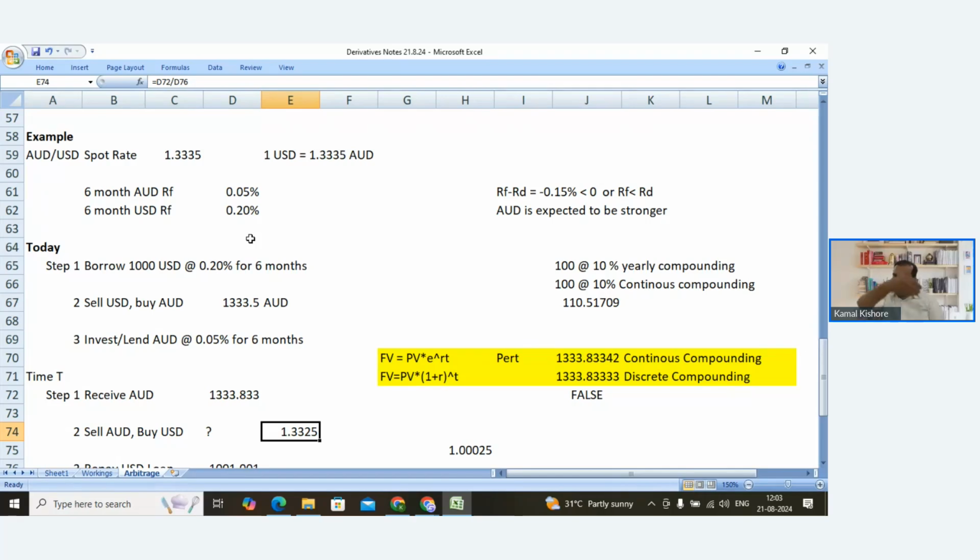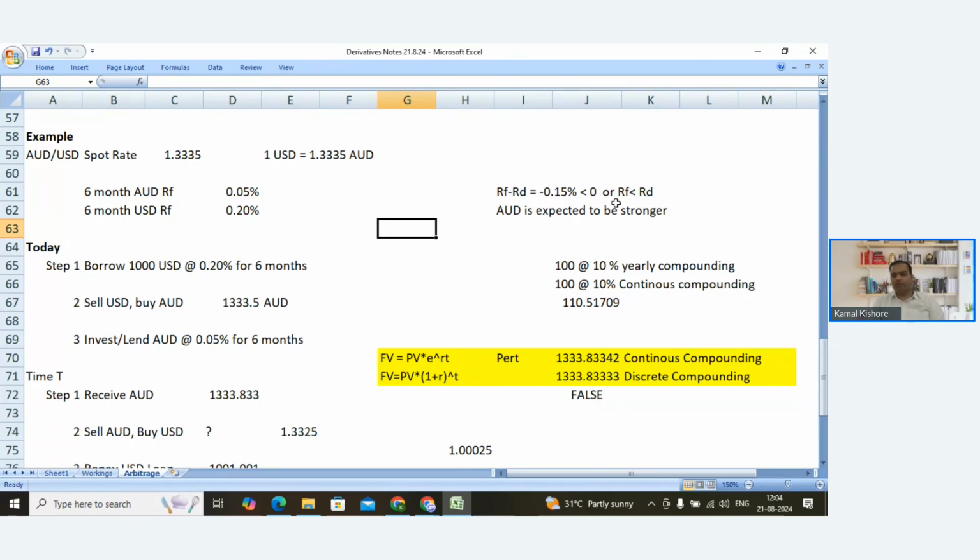Okay, for example, US and India, whose interest rate is lower? US. Which currency is stronger? Okay, so that is also one understanding out of this, right? RF minus RD, if it is less than 0, then your foreign currency is expected to be stronger.